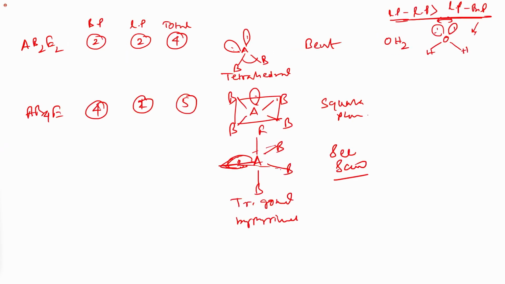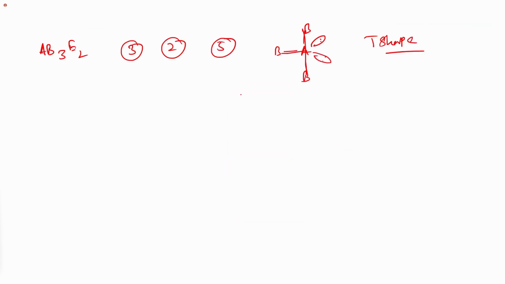In the previous slide, there is one lone pair, so it is a seesaw structure, and here there are two lone pairs, and the structure is coming as a T shape.